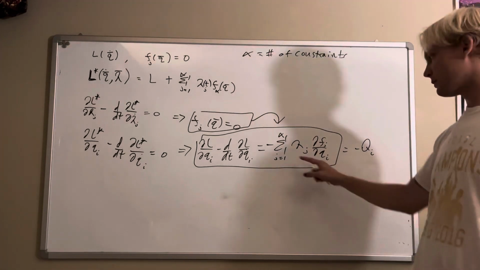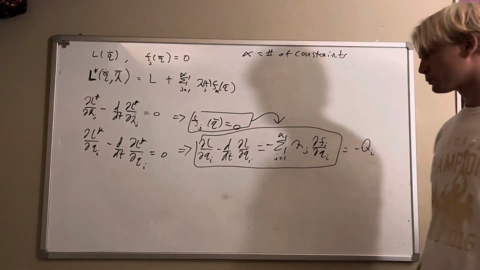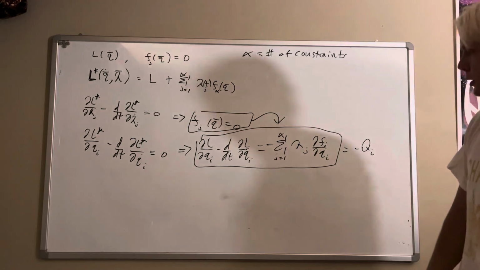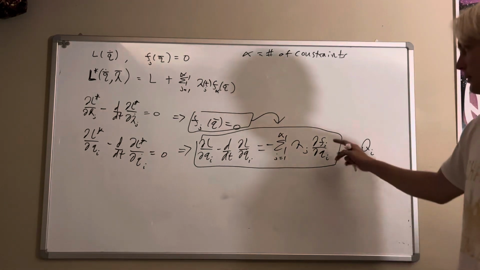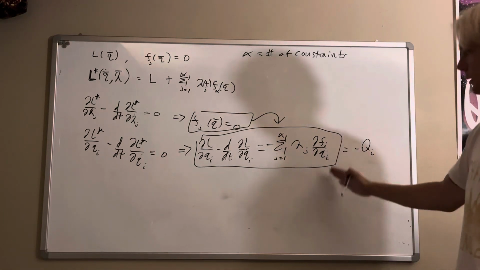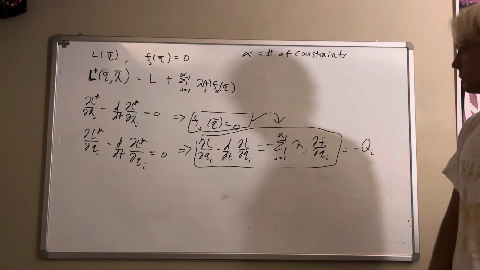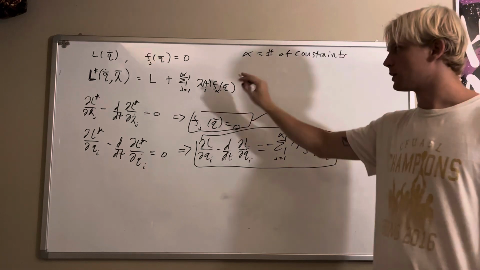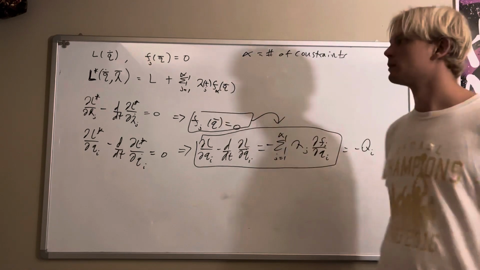So for each coordinate, there's a sum here, because it could be all the constraints you're worrying about, and each f also depends on all the coordinates. That's what this bar means.